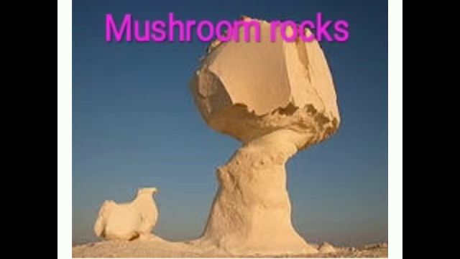Therefore, the ideal height is about 25 cm to 75 cm above the ground. See the picture, the wind erodes the lower part of the rock more than the upper part. Can you see this picture? Such rocks have a narrow base and a broad top. They are called mushroom rocks or rock pedestals.